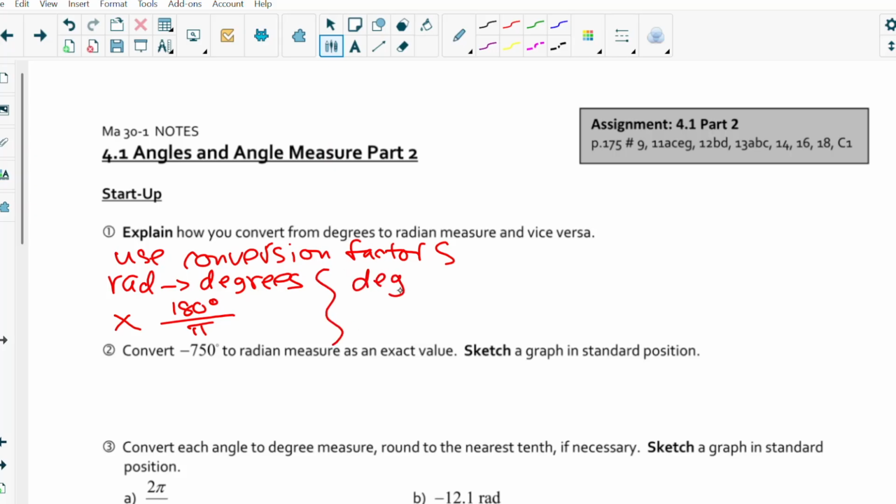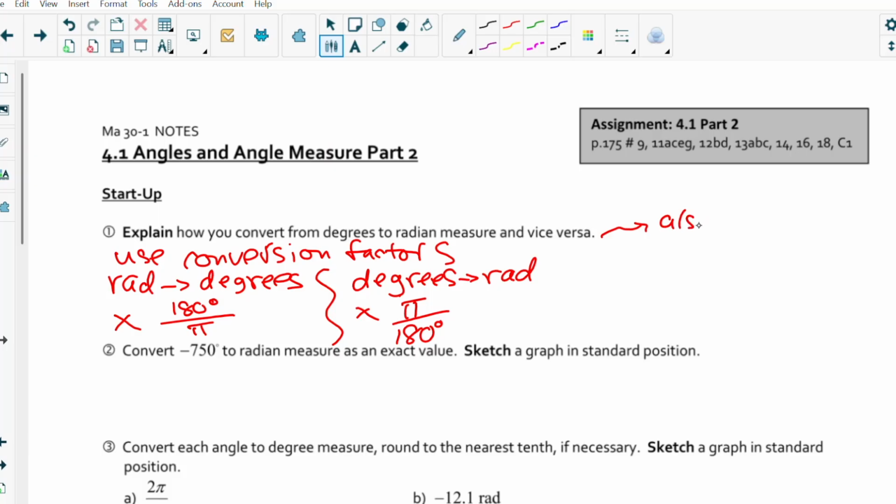From degrees to radians, we multiply by pi over 180 degrees.